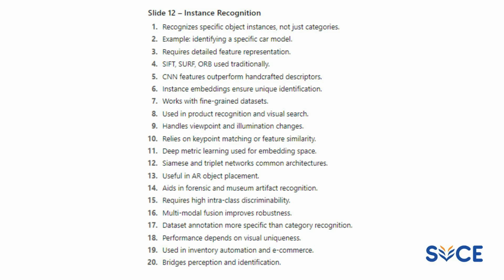But there are many challenges in instance recognition. First one is intra-class variations. The same instance may appear differently due to lighting, angle or occlusions. As well as inter-class similarities, where different instances may look very similar, for example two identical phones.